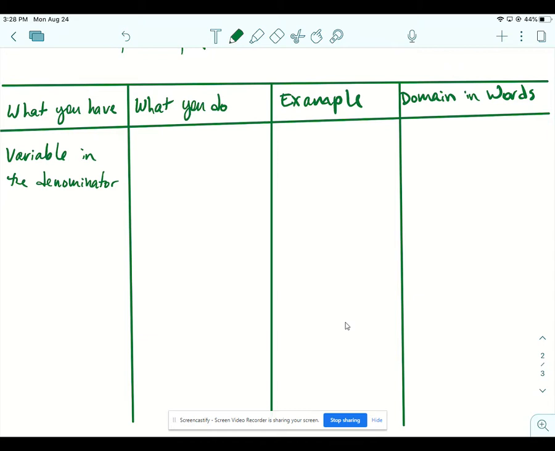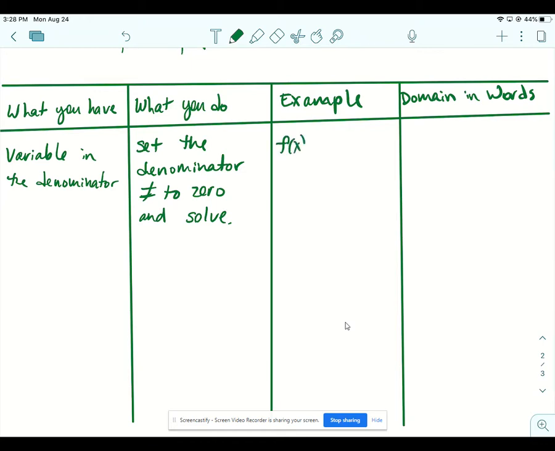If you have a variable in the denominator, what you're going to do is set the denominator not equal to 0, because your denominator cannot be 0. So you're going to say whatever is down there is not equal to 0, and solve.